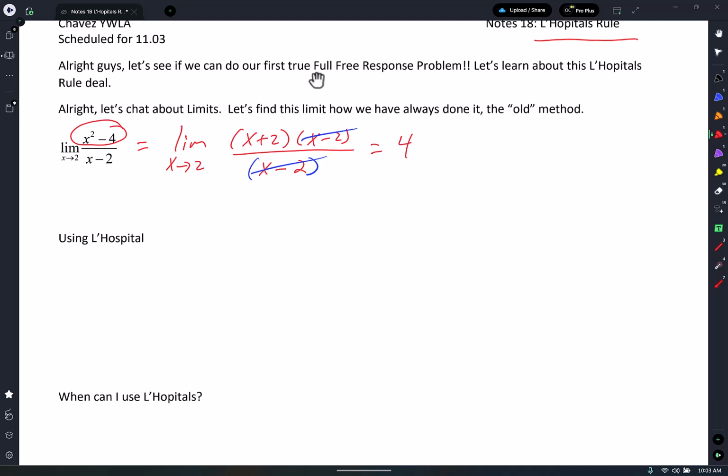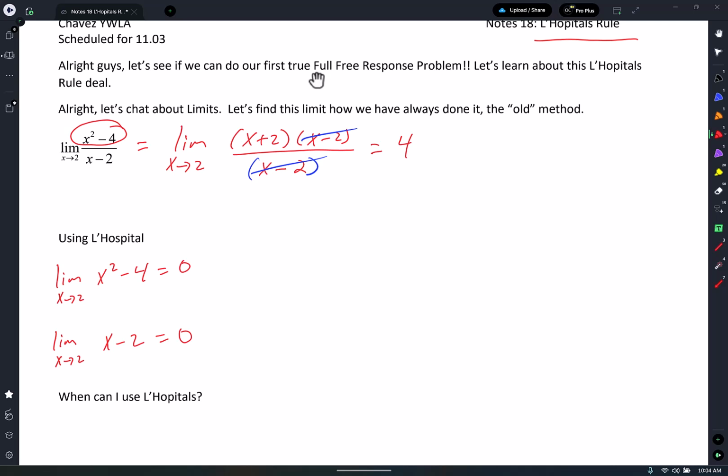With L'Hopital's rule, it states usually you want to do it one at a time, like the numerator and the denominator. You go limit as x approaches 2 of x squared minus 4, that is 0. Then I go limit as x approaches 2 of x minus 2, and that's also 0. But you're not going to say 0 over 0.